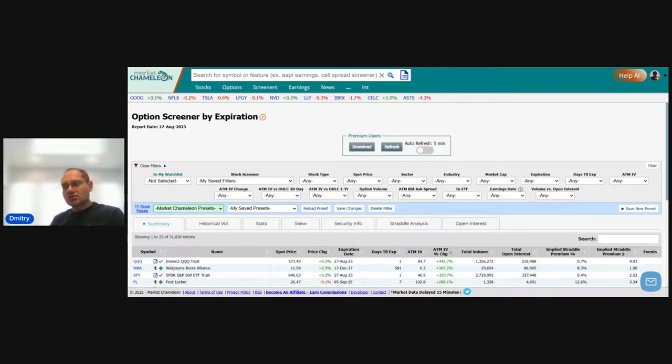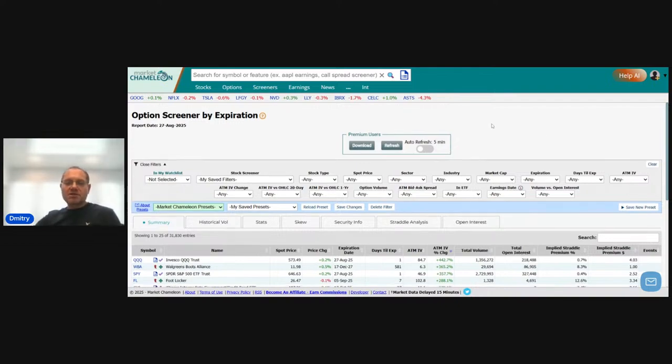And this lets us screen for potential opportunities in low implied volatility options, especially if you're looking for strategies for low implied volatilities and maybe a particular expiration or expirations that cover certain time periods. We could do that quickly as a starting point with this screener.